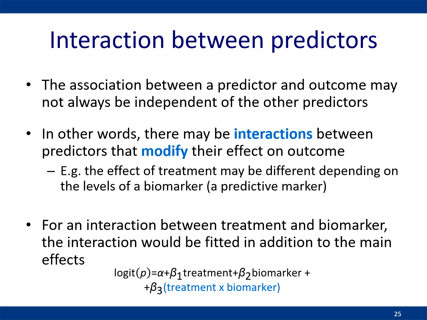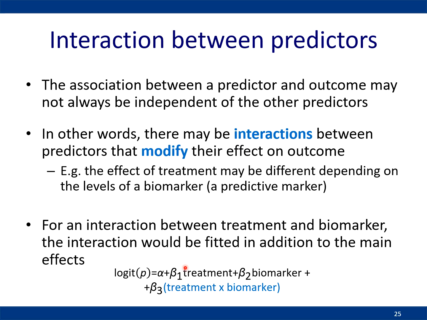Where this occurs, this is an interaction between two possible predictors that modify their effect on the outcome. An example of this might be considering the effect of treatment based on a predictive marker, for example a biomarker, and this is said to be predictive if the biomarker values themselves tell us something about how well someone will do on the treatment.